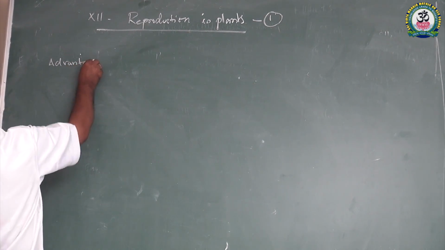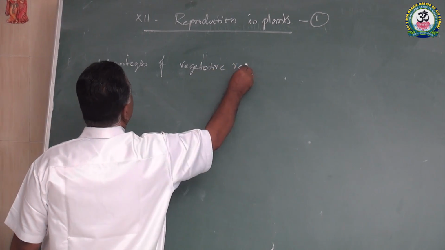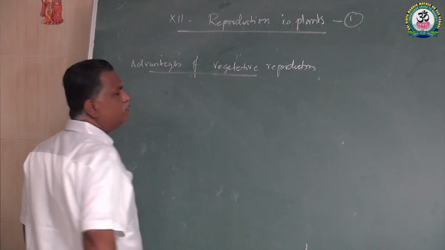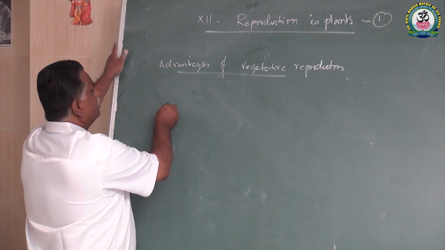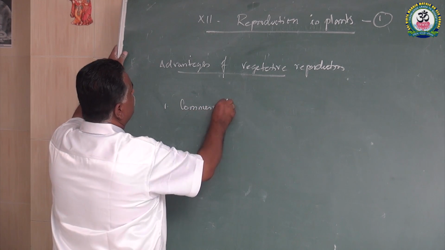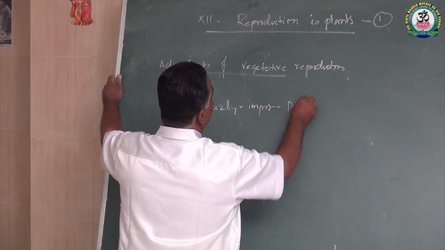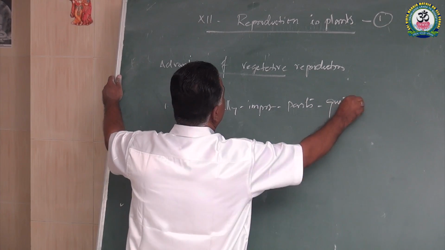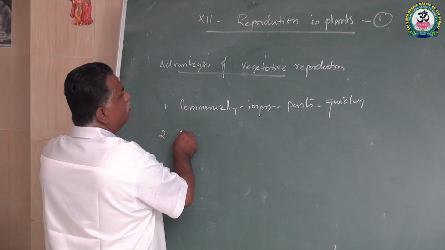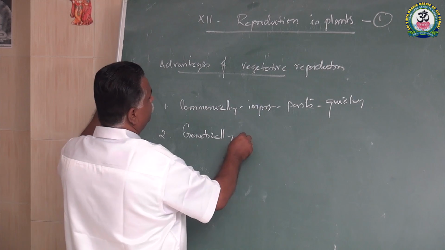Advantages of vegetative reproduction. What are the advantages of vegetative reproduction? Number one, commercially important parts can be propagated quickly. Number two, these plants are genetically uniform.